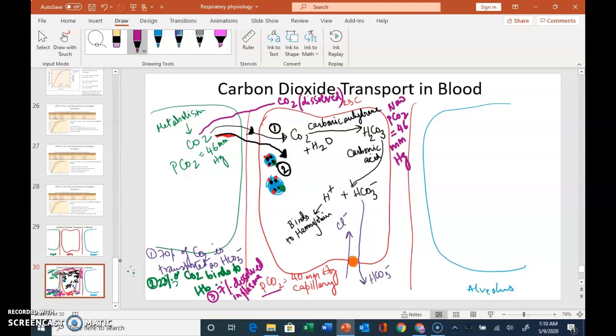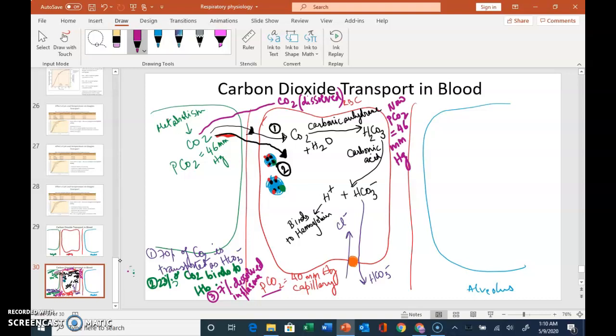The other route is that we have carbon dioxide getting into the RBC. However, this carbon dioxide will just bind to the hemoglobin and get transported via hemoglobin along with oxygen molecules. And then the third route is when carbon dioxide gets dissolved in plasma.